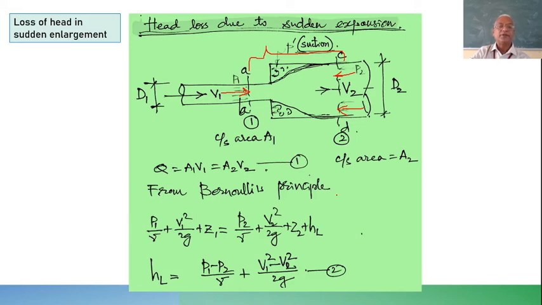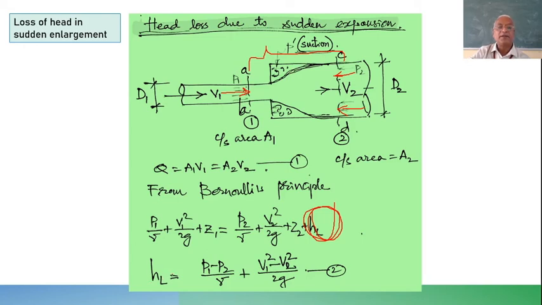Now from Bernoulli's principle, P1 by gamma plus V1 squared by 2g plus Z1 equals P2 by gamma plus V2 squared by 2g plus Z2 plus whatever energy is lost, which is considered here as HL, head loss due to sudden expansion.